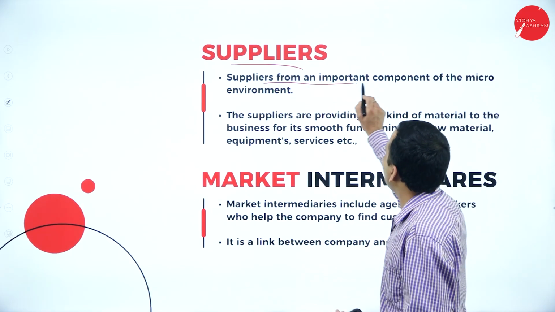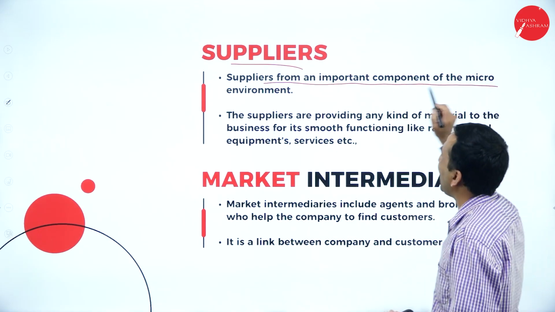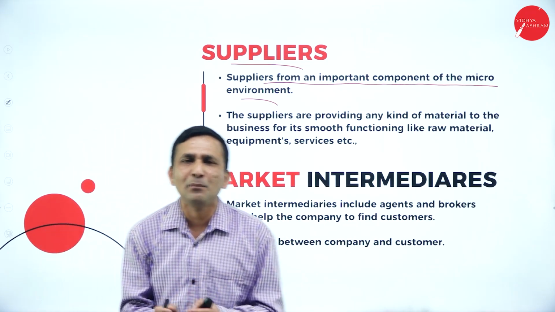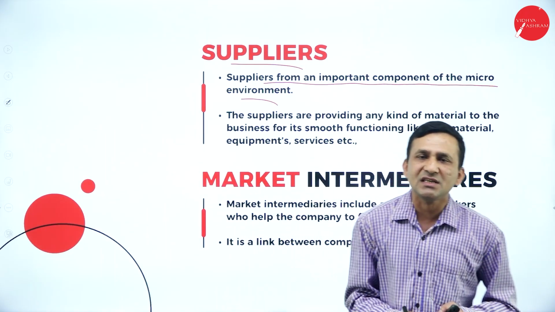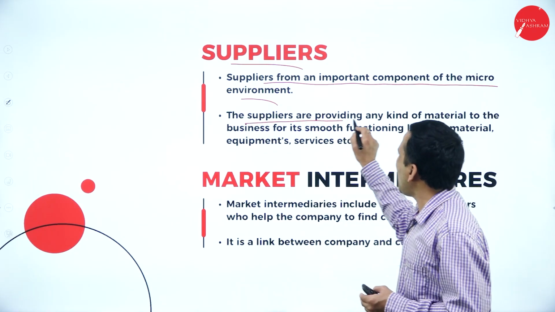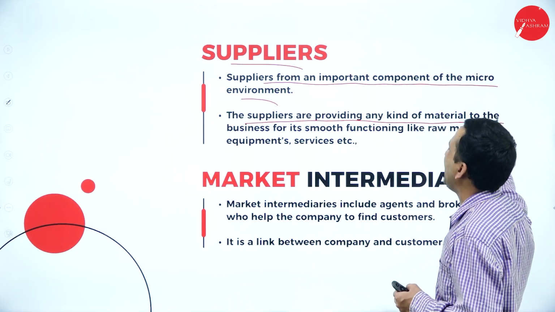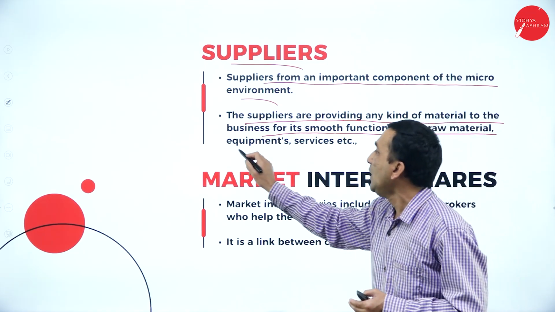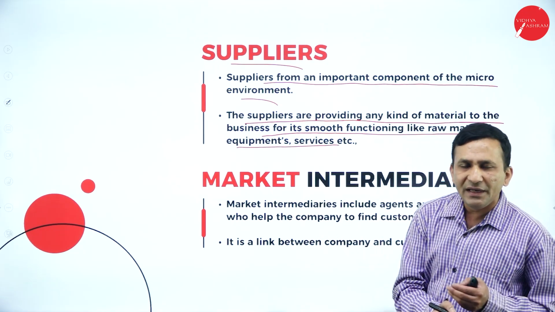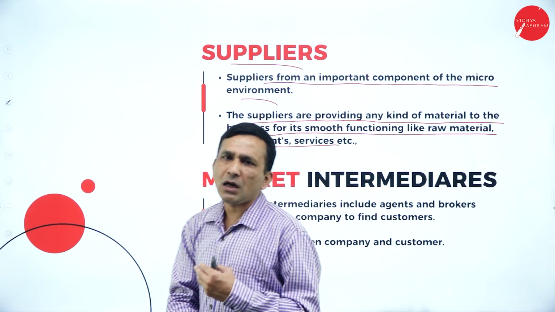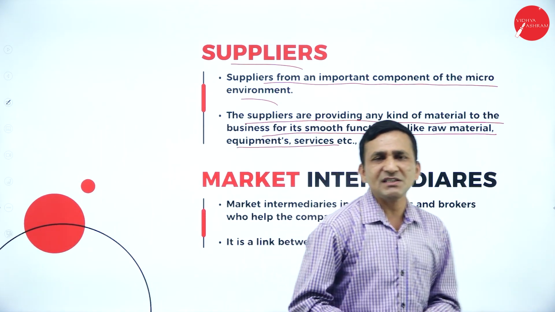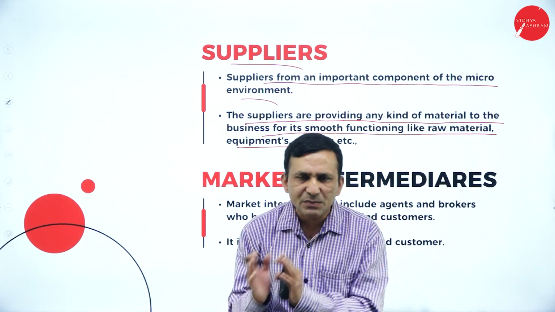So the supplier is an important component of the microenvironment, taking a very important role in your business. The suppliers provide any kind of material to the business for smooth functioning, like raw material, equipment, or service, or spare parts, or components, or technical assistance. So whatever you are expecting to run your business in a very smooth way.